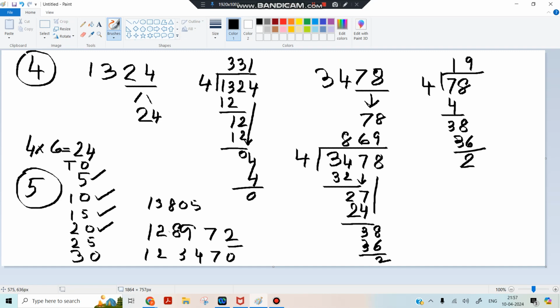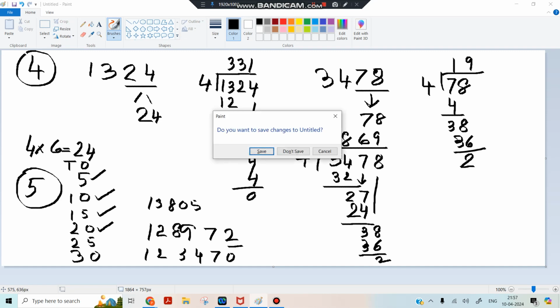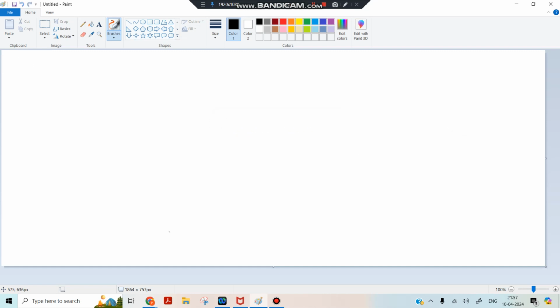Okay, now let's check the divisibility test of 6. The divisibility test of 6 is also very interesting. See, how is the number 6 formed? 2 multiplied by 3 gives us 6.